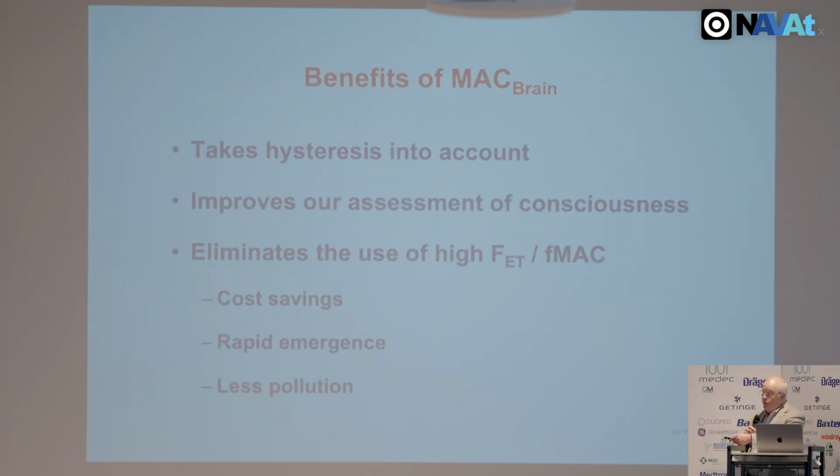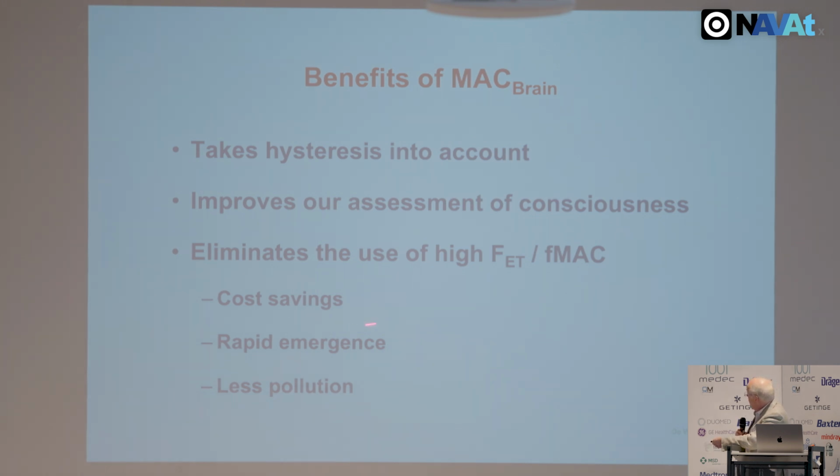So what are the benefits of MACBrain? It takes hysteresis into account. Now we don't have to look at the end-tidal partial pressure anymore to give us some idea of brain partial pressure. Now we can just look at MACBrain, and we know how well the patient is anesthetized, or I should say what the probability is of consciousness or unconsciousness.